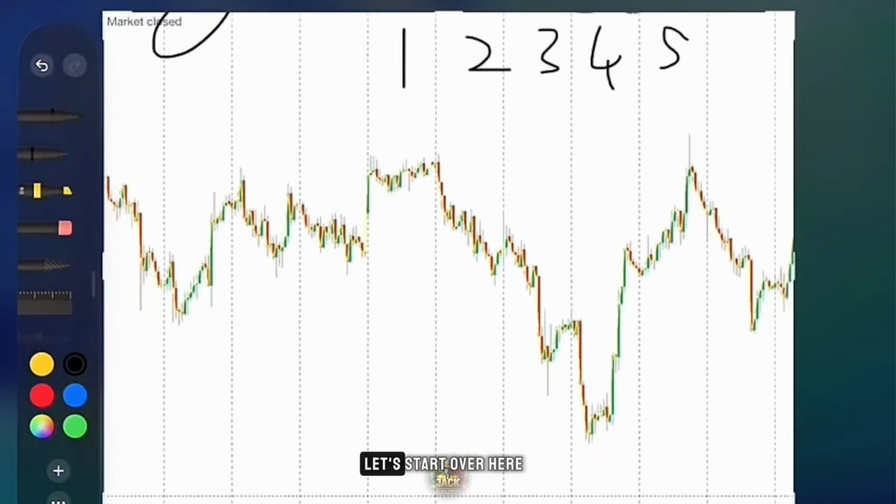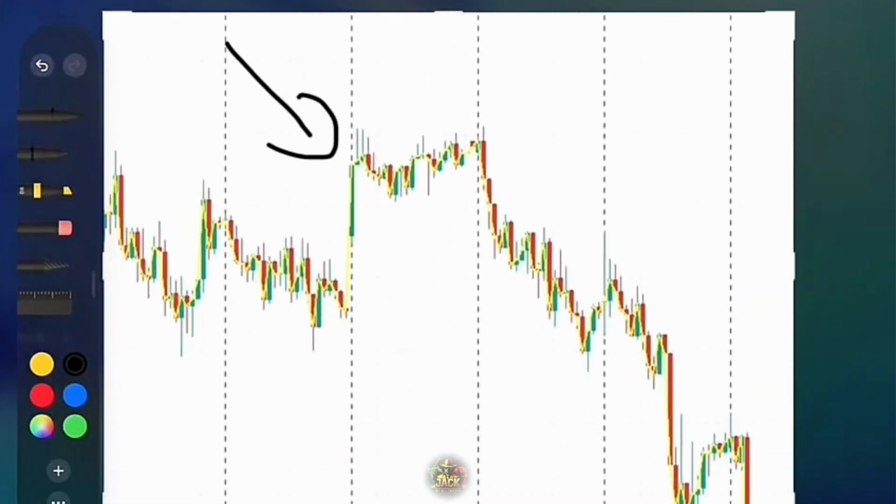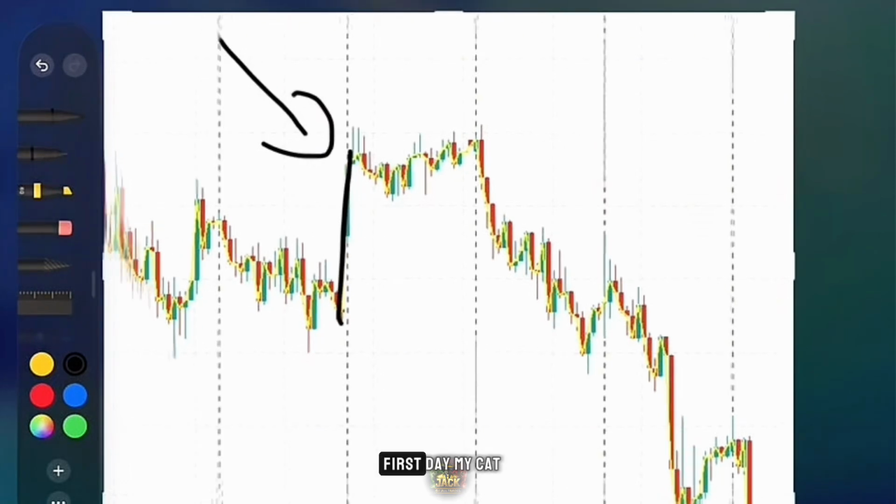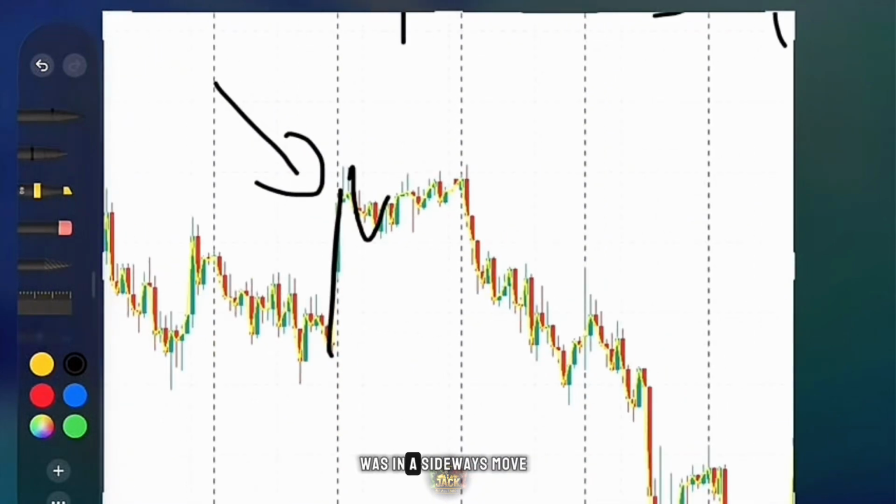Let's start over here. Price basically opened at this area here, it pushed up, it gave us an opening gap here, and then it just pushed up.